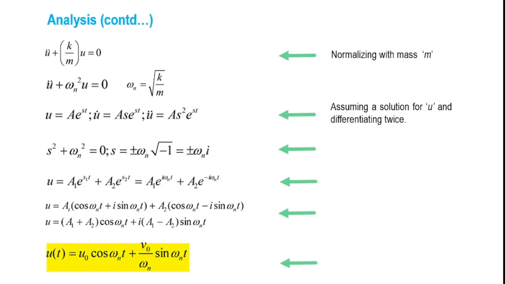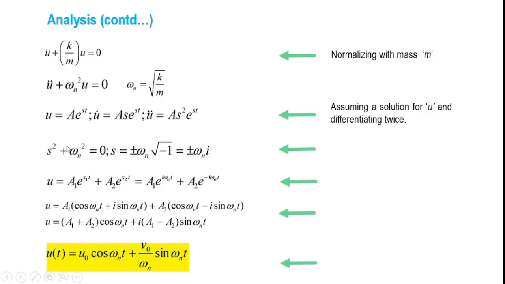I will explain the importance associated with the term omega n, and then I will provide a definition of this term. So for now, it's a simple substitution for the square root of k by m term, which is omega n. If I make this substitution, this equation will reduce to u double dot plus omega n square into u equal to 0. And remember, we want to find out the response of the system u at any time t, that is u(t).